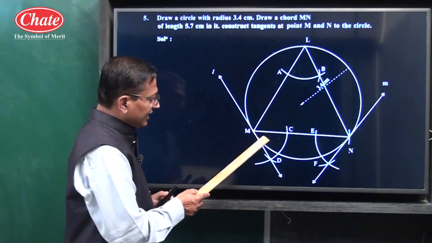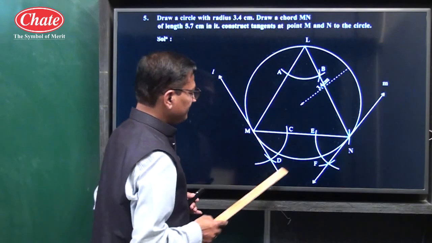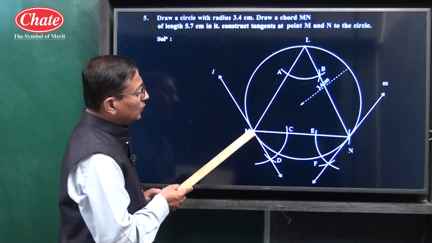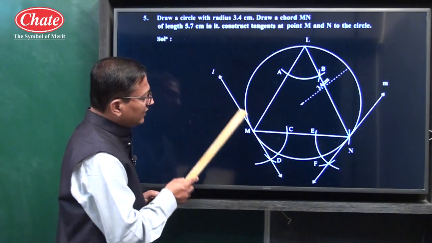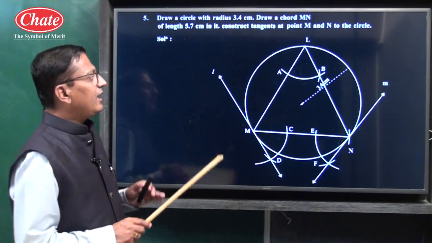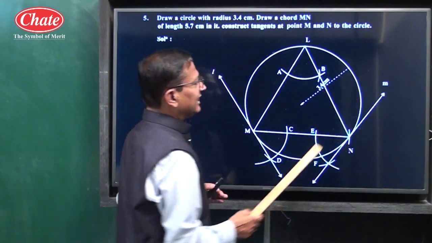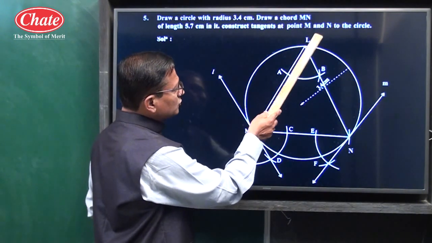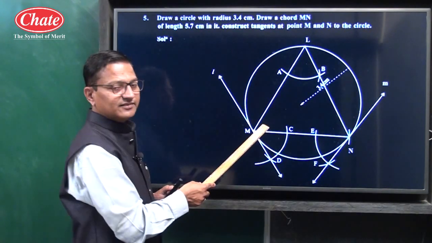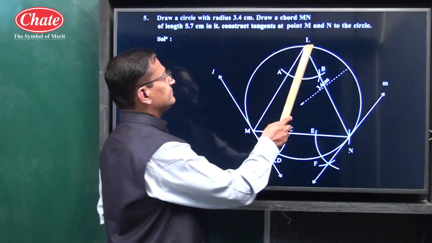So draw here an angle which is congruent to angle L. We get point D. Draw a line passing through point M and point D which is tangent to the given circle. If we have to draw a tangent passing through L, here we have to draw an angle which is congruent to this angle, or this angle and this angle must be congruent.